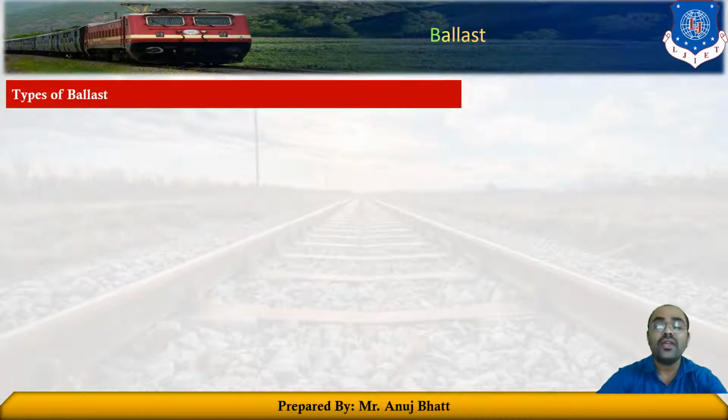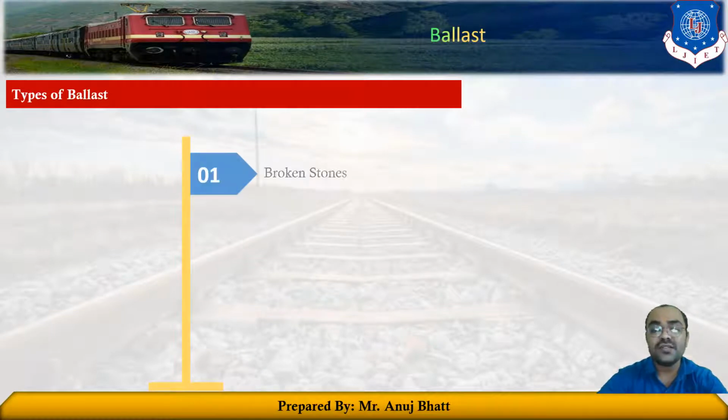Talking about the types of ballast, there are a total of 6 different types of ballast we can use. The first is the broken stone ballast. These are obtained from hard stones, and they should be strong, hard, tough, durable, and angular.